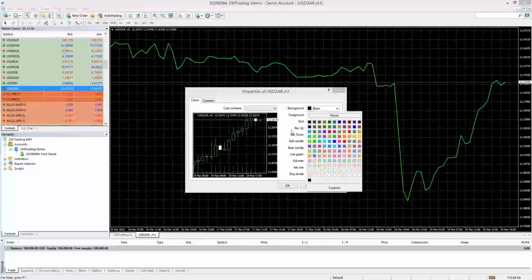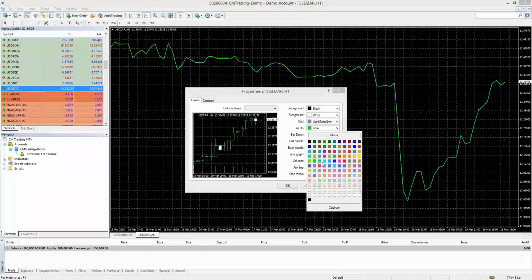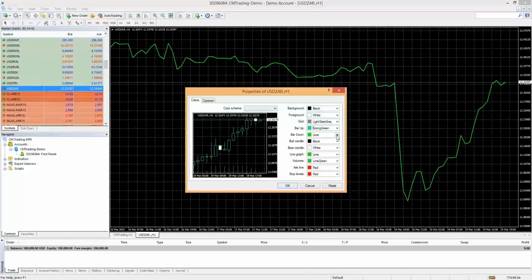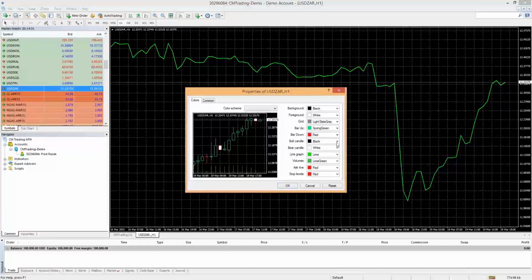So you could leave it as black in the foreground, white in the foreground, the grid to be gray. I like to keep my bars up to be green. I generally like a softer green for myself. I think it was spring green. Lime is a little bit too strong for me. And then the down I like to be red. I think that's right there.